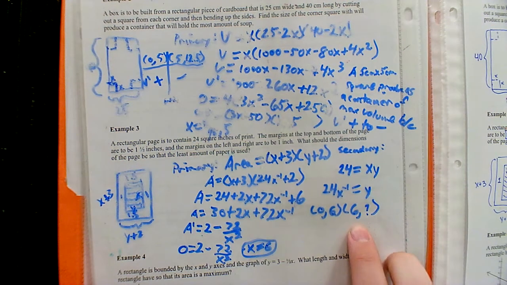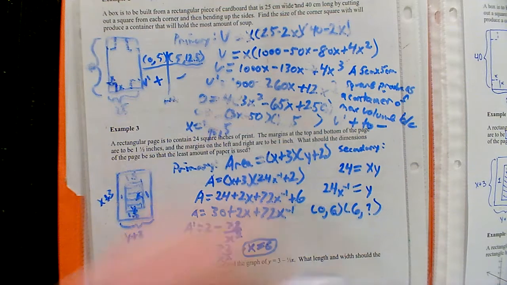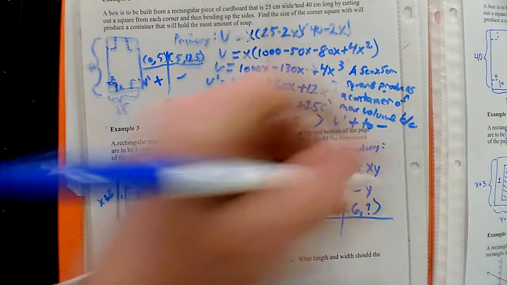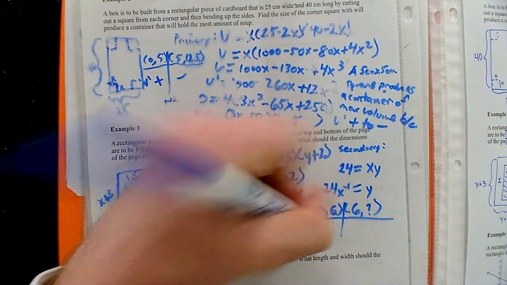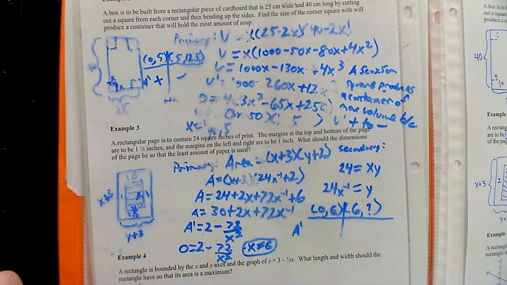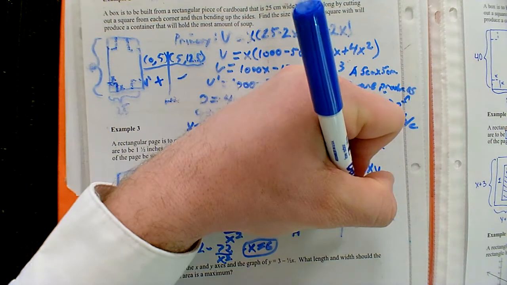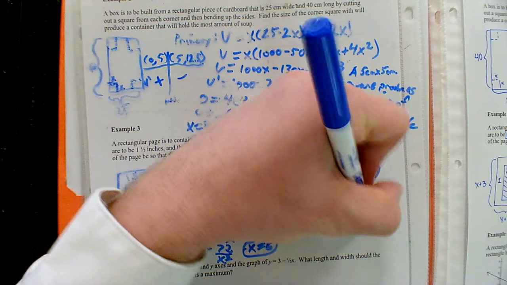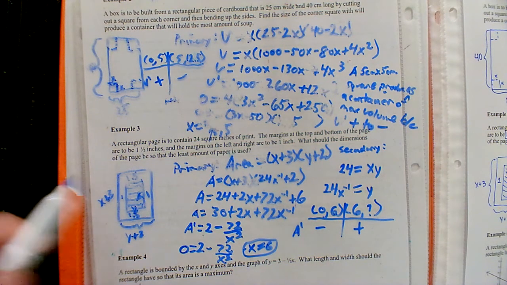We know it's definitely going to be some value bigger than 6, so we're going to choose some value close to 6 to test it. So now the derivative, check your signs for f prime. Within this interval you get a negative, within this interval you get a positive. So we know so far that's telling us it will give us a minimum.